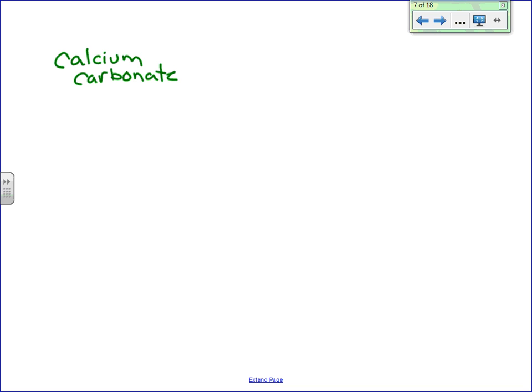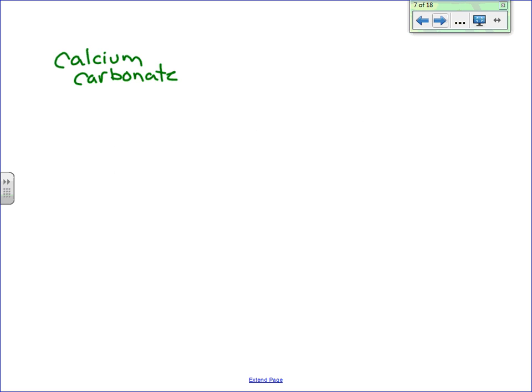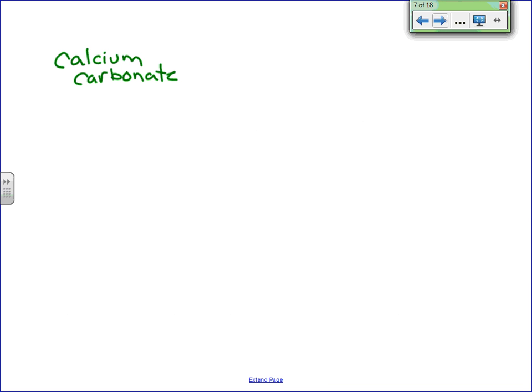Now, one of the first things they're measuring is what happens to these buildings if they are exposed to different acids. So if calcium carbonate is exposed to nitric acid, what happens to it?